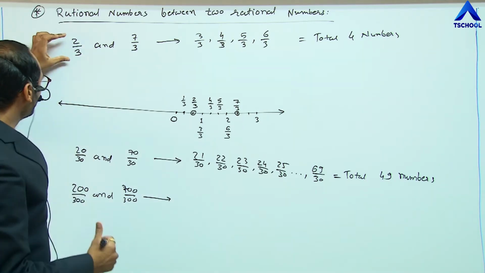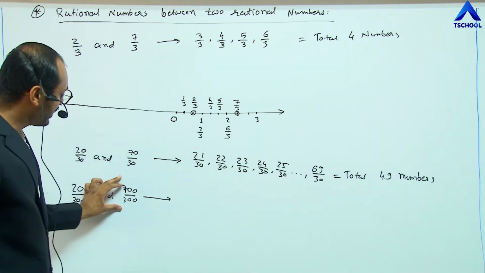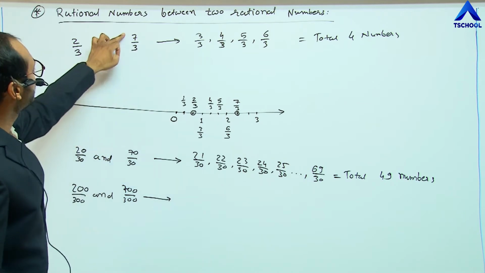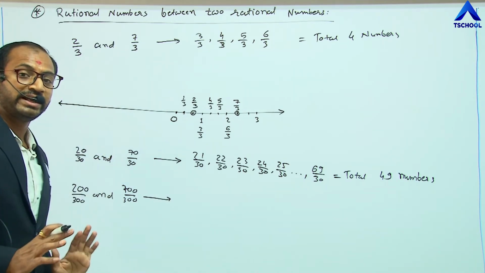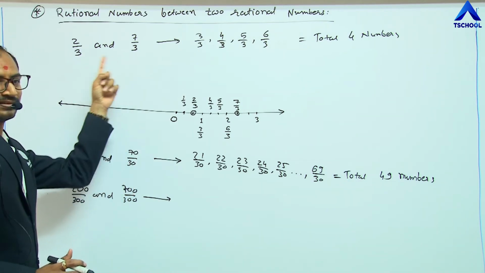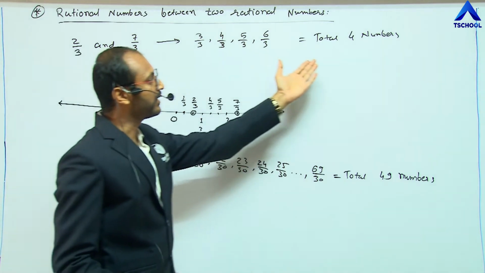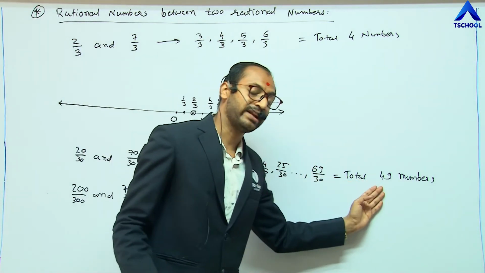Nothing, because 2 by 3 is the same as 200 by 300. In the same way, 700 by 300 is the same as 7 by 3. So we are finding rational numbers between the same numbers. Initially we found that there are 4, and now in between the same numbers we found 49 numbers.